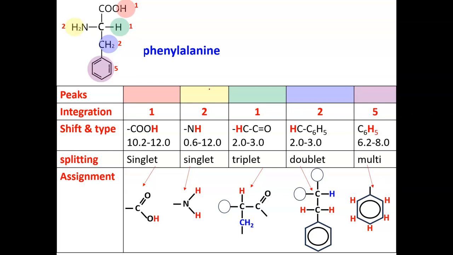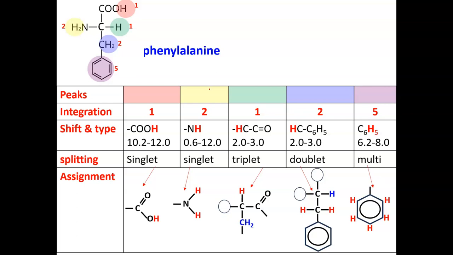The shift and type of protons is helpful from the data sheet. As you can see, the COOH peak will occur somewhere right down at the end between 10 and 12. Amino H's, which are one of these variable groups that we wouldn't be able to identify without proton deuterium exchange, NH's anywhere between 0.6 and 12.